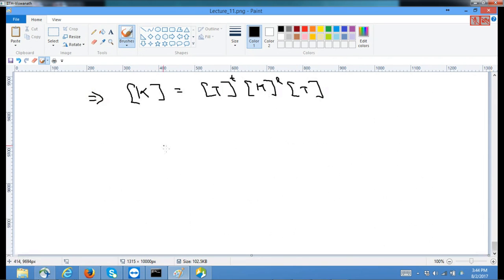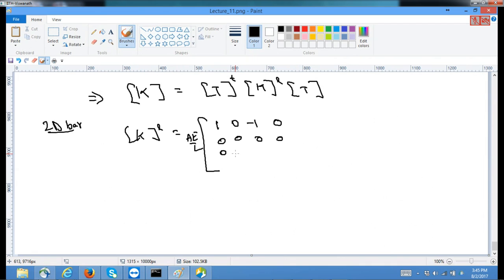For our case, our K local, as we discussed earlier, for a 2D bar is AE by L, 1 minus 1 0 0 0 0 0 0 0 minus 1, sorry, minus 1 0 1 0 0 0 0 0.